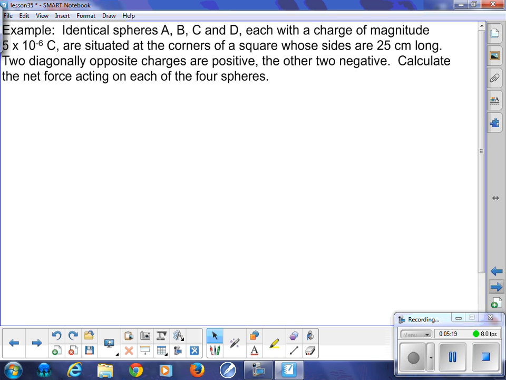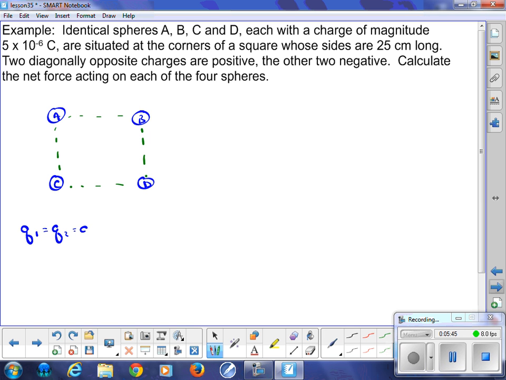So identical spheres, A, B, C, and D, with the charge magnitude of that, so they all have the same charge, are situated on the corners of a square. So, giving myself a diagram, A, B, C, and D, they are on the corners of a square. They all have the same charge, so Q1 equals Q2 equals Q3 equals Q4, which is 5 times 10 to the negative 6 coulombs.